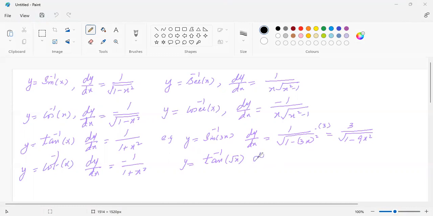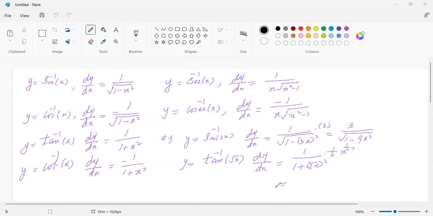So you can write the derivative of tangent inverse, it is equal to 1 by 1 plus square root of x whole square, as in the formula. And then the derivative of the inner function, because it is x power 1 by 2, we write the power and then reduce the power by 1, 1 by 2 minus 1.